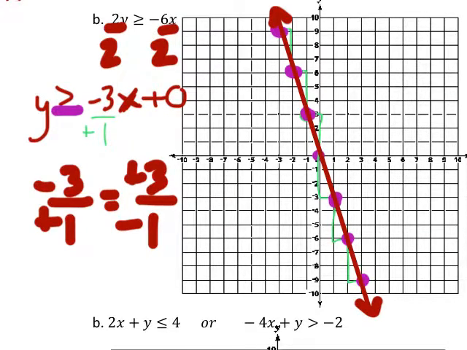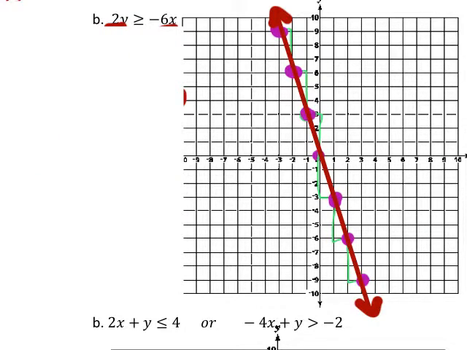Now we can't use the origin because it's on the line, and since it's equal to, we know it's a good point, but we need to figure out a different point to use. I prefer to use something with 0 in it, but you can choose whatever point you want. All right, so let's go ahead and figure that out. So we have our original equation. We got 2y is greater than or equal to negative 6x.